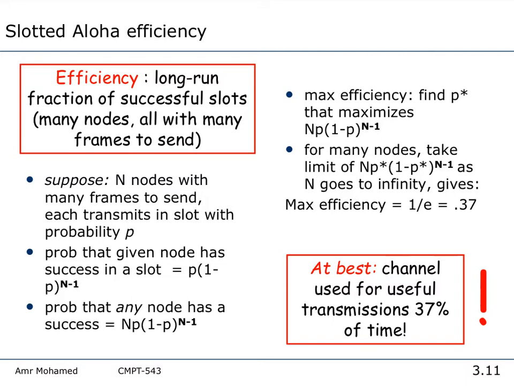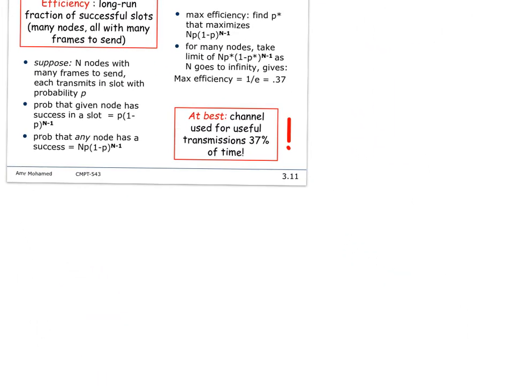So the efficiency is based on many infinite nodes trying to send on the channel, and what is the maximum throughput that we can get using all this infinite number of nodes. In order to do this, we make certain assumptions: a node is trying to access the channel with a probability P, where P is a probability that can take any value from 0 to 1.